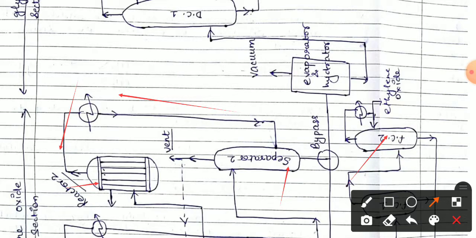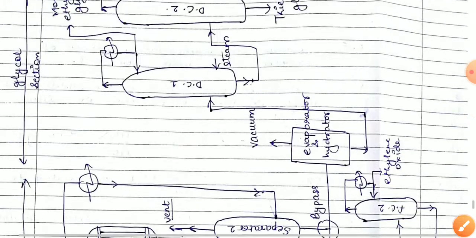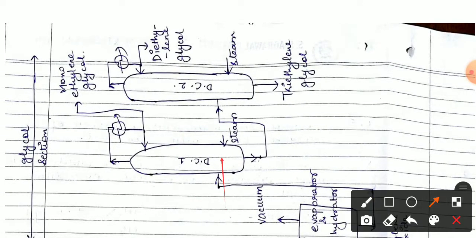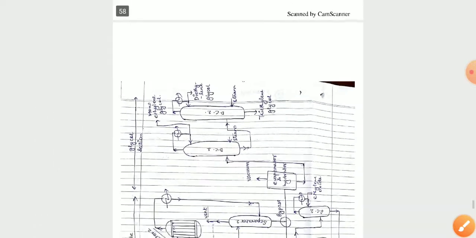Then it connects to the evaporator and hydrator for the vacuum part. The last step is distillation column 1 and distillation column 2. Triethyl glycol, and in distillation column 2 diethyl glycol. The ethylene oxide section and glycol section are the two parts given.